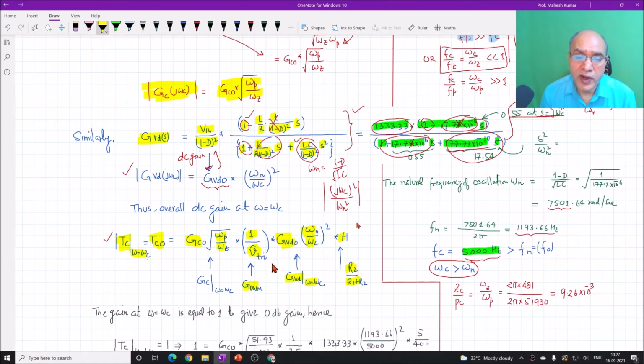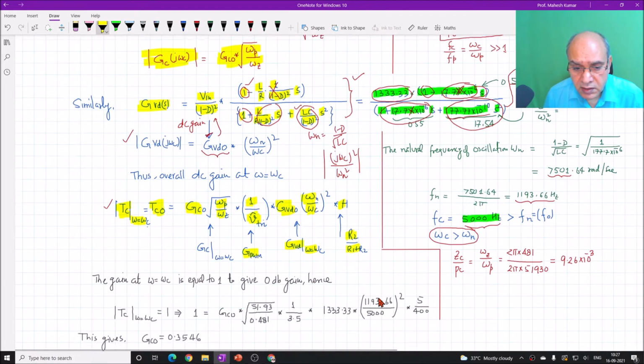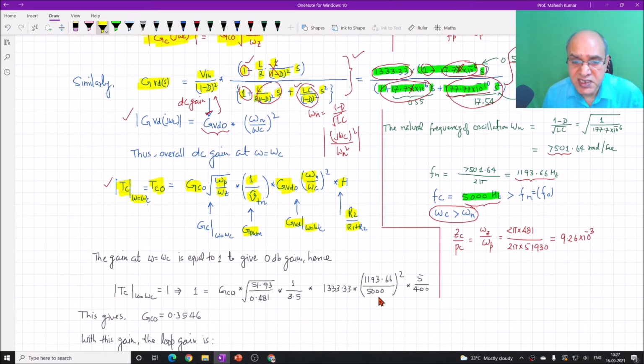This is the loop gain at omega equal to omega c. What must be the value of this loop gain at omega equal to omega c? Because omega equal to omega c is the new or the design crossover frequency, the gain crossover frequency. The gain crossover frequency is the one at which the magnitude must be 0 decibel, or the magnitude of the loop gain must be 1.